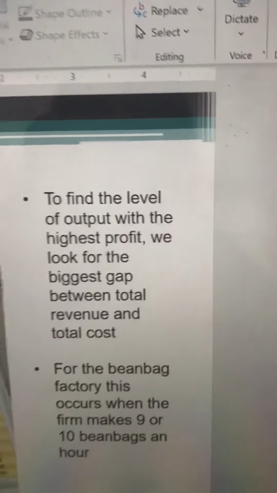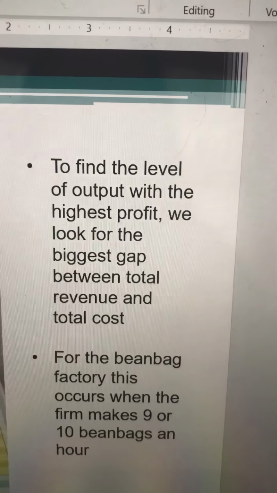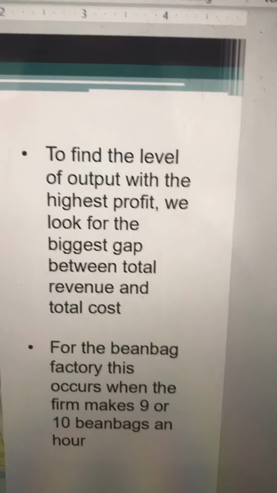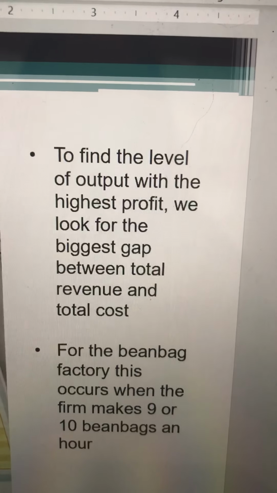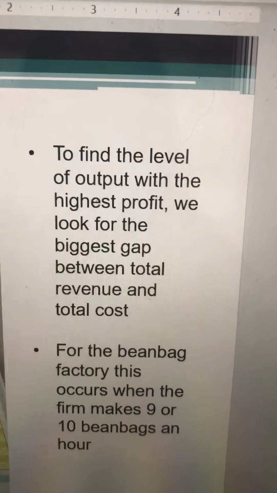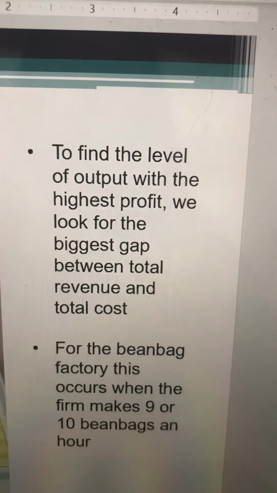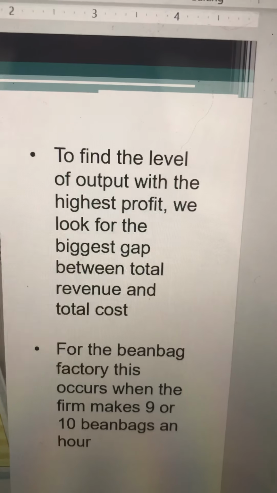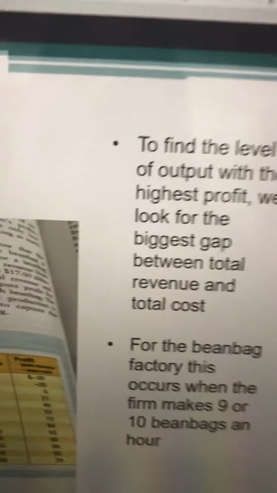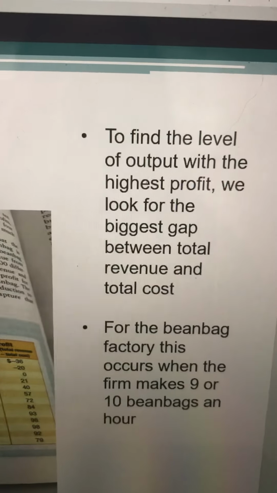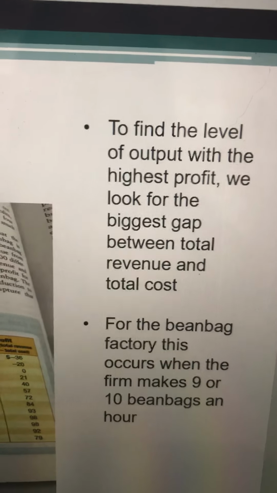Ultimately, you want to make sure as a business owner that you find that level of output with the highest profit. In order to do that, you look for the biggest gap between the total revenue and the total cost. In this example, this occurs when the firm makes 9 or 10 beanbags an hour.